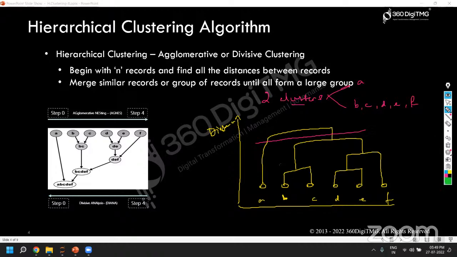If I split my cluster here, then I would get 1, 2, 3 clusters. I'll have A as a separate cluster. Then I'll have B, C as a separate cluster. And then I'll have D, E, F as a separate cluster.